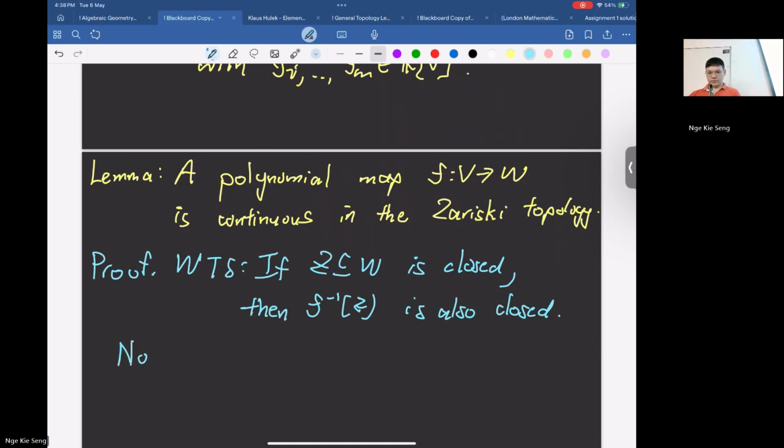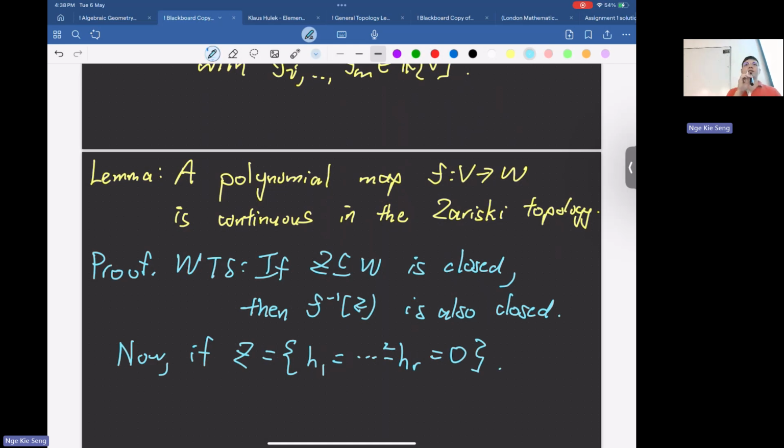Now, if we can write that set as a closed set, an algebraic set. How should I put this algebraic set? Can I be a bit lazy? I don't want to write down the whole thing. I just say that it has to satisfy some algebraic equation equals 0.